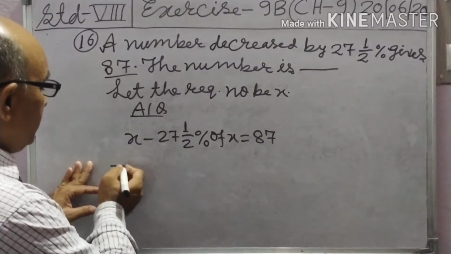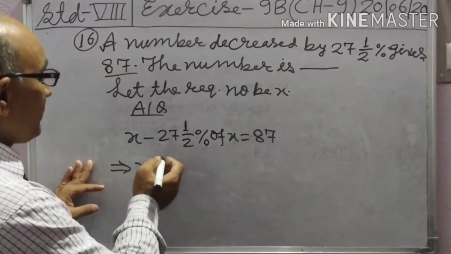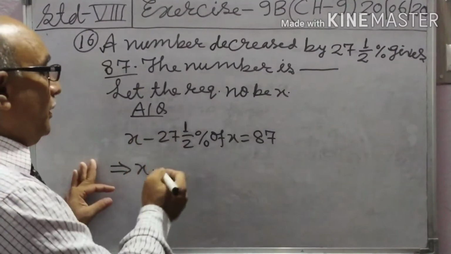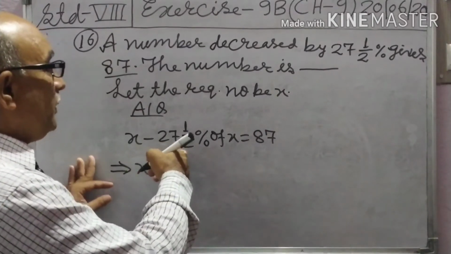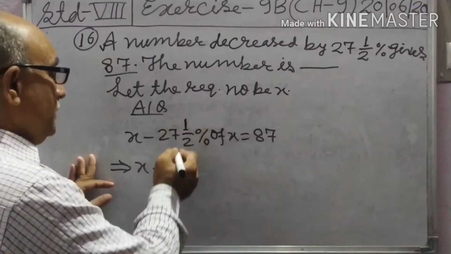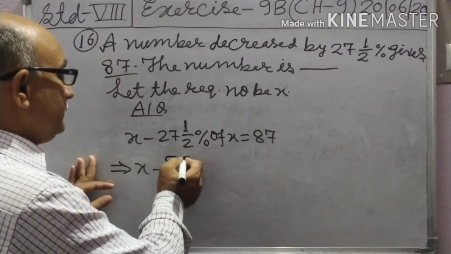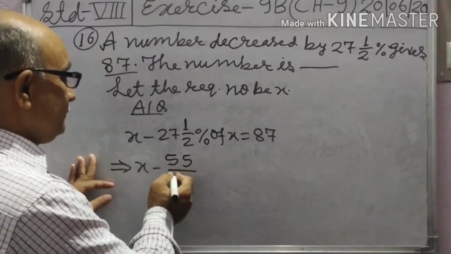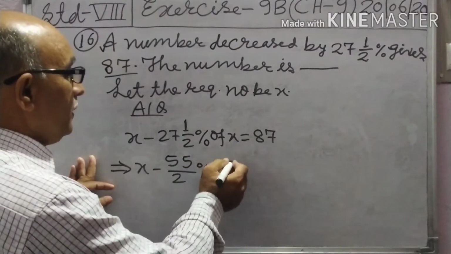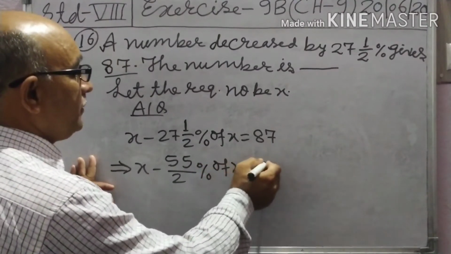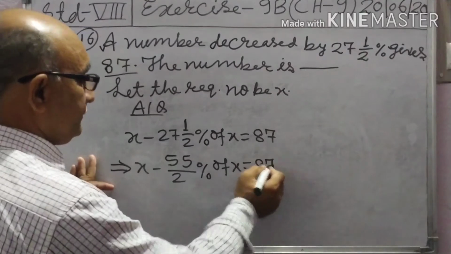Now solve it. That implies x minus 27 whole 1 by 2: 27 twos are 54, 54 plus 1, 55 by 2%, of x equal to 87.